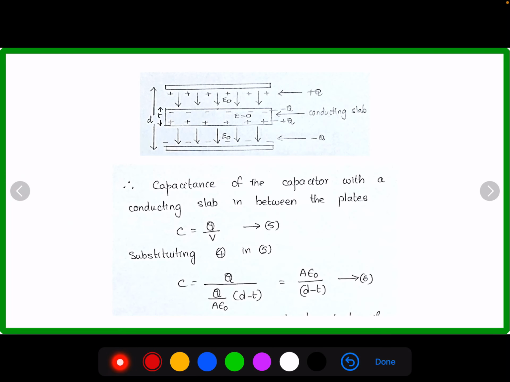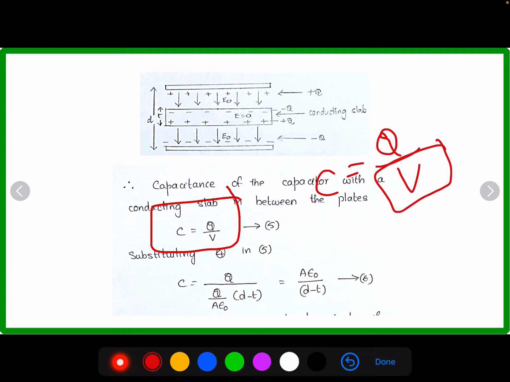Now, capacitance of the capacitor with conducting slab in between the plates, C is equal to Q by V. This is the standard relationship which we have been seeing from long back. In place of V, we will substitute equation 4.